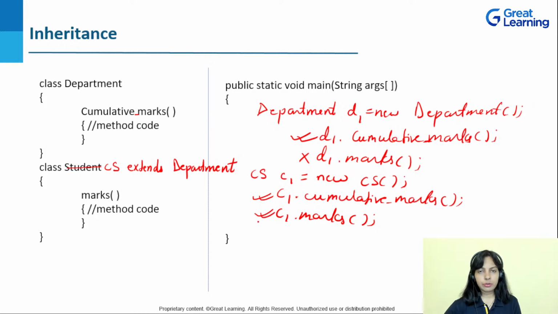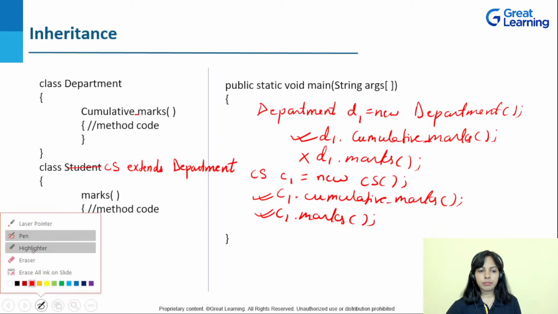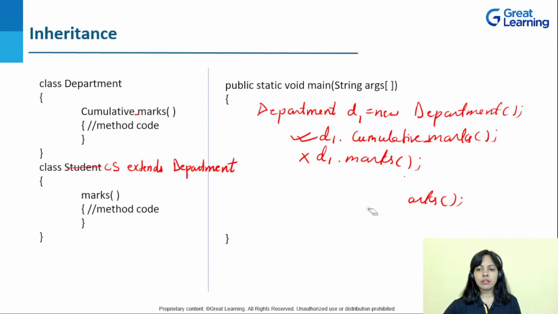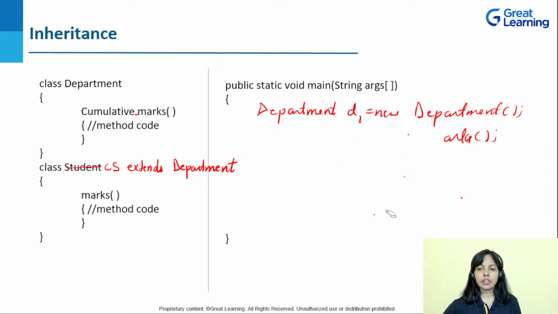C1 dot marks will also throw no error because child class C1 is having access to its own class method as well as the parent class method. Okay. Now, here comes another question. Let me erase this for you, and then we can write two more aspects I'm going to tell you here with respect to this child method calling and parent class method calling.